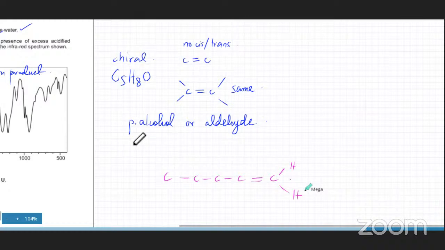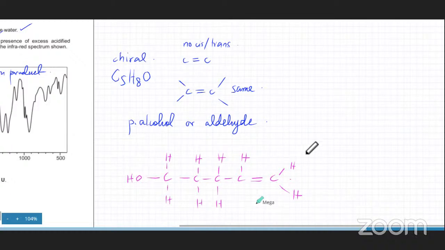It should be an alcohol or it should be an aldehyde. A primary alcohol, the OH would be at the end. So let's go with primary alcohol for a second. What I'm going to see now is, do I get the right number of hydrogen atoms? Can you count the number of hydrogens? It should be 8. So that's 1, 2, 3, 4, 5, 6, 7, 8, 9, and 10.